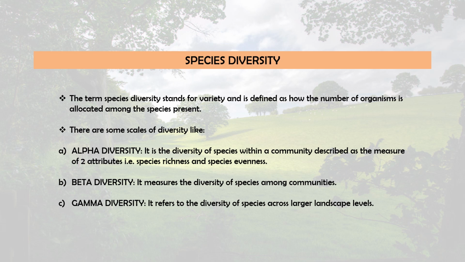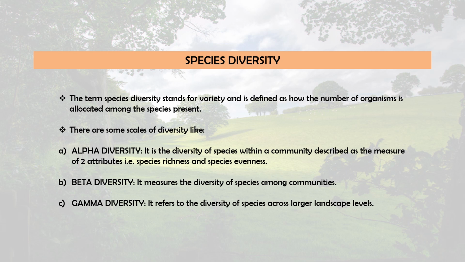And the beta diversity is the diversity of species among the communities, whereas alpha diversity is the measure of diversity of species within that particular community. And thus, beta diversity provides a first approximation of area diversity or regional diversity.